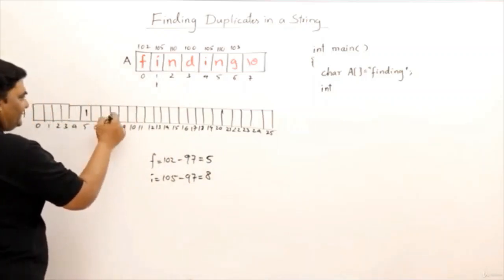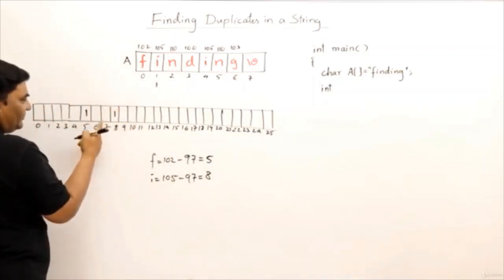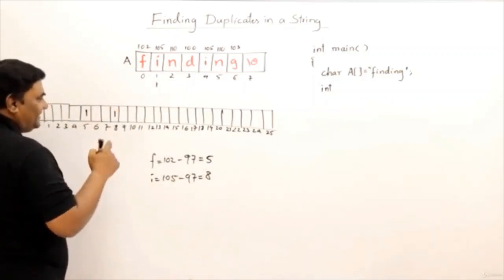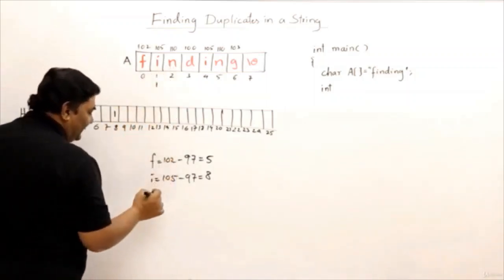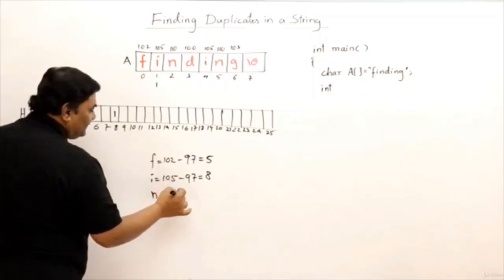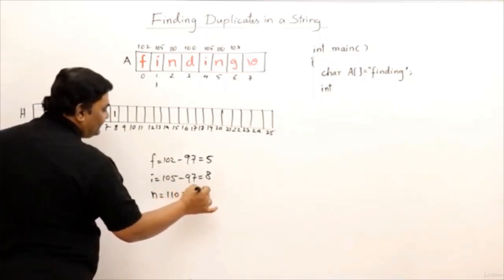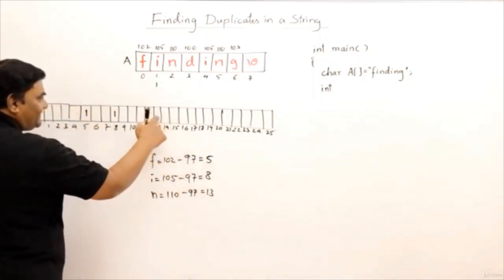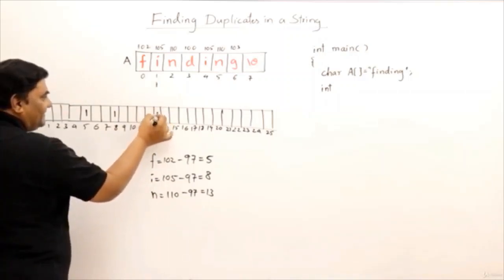So go to index 8 and increment it, from 0 to 1. Then next N. The ASCII code of N is 110. Subtract 97, so it is 13. Go to index 13 and increment it.